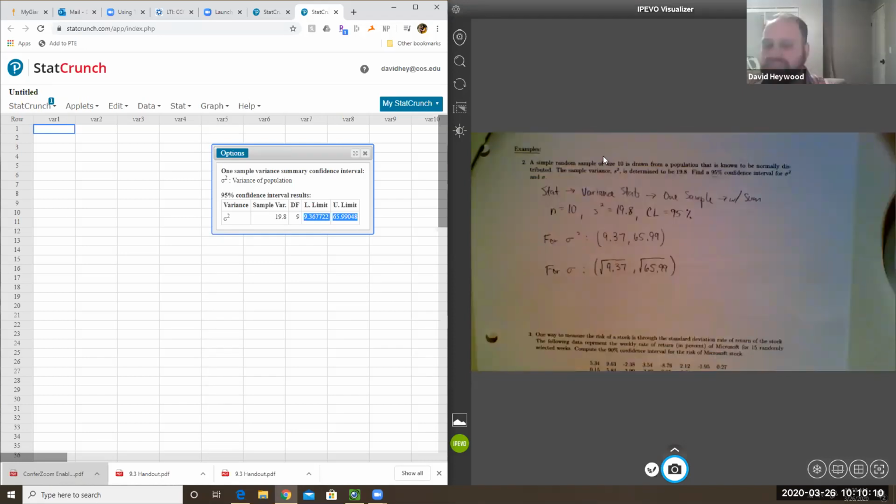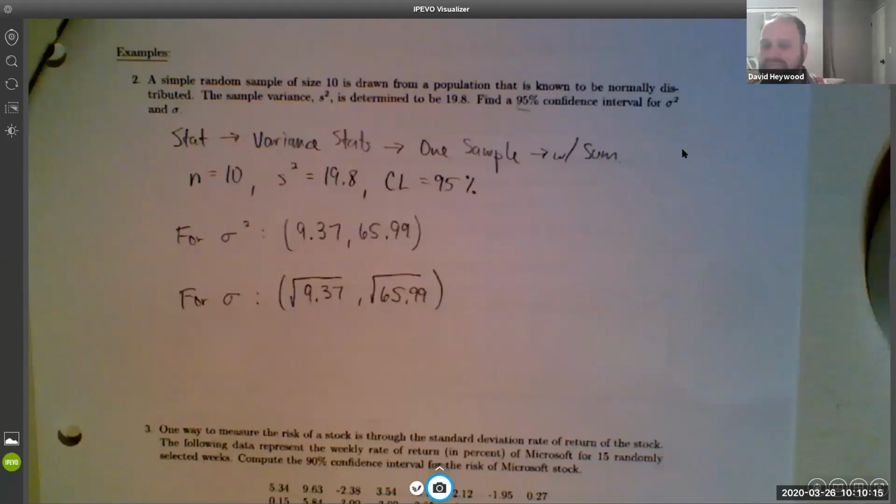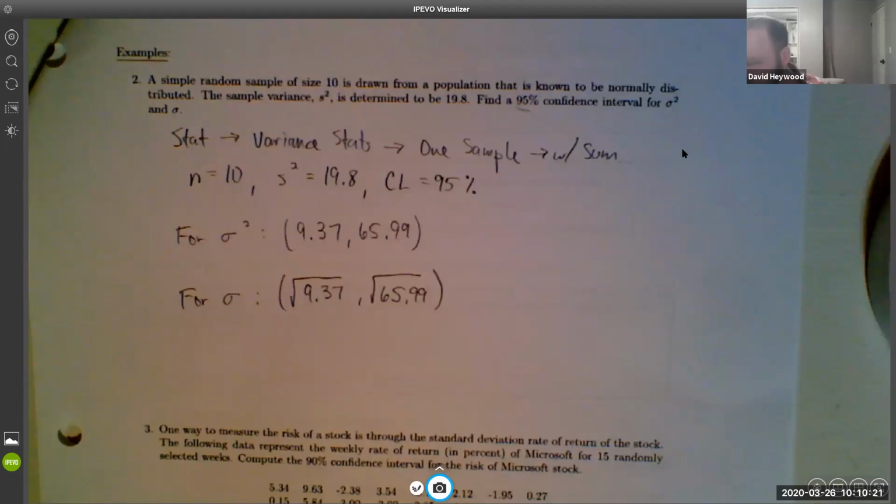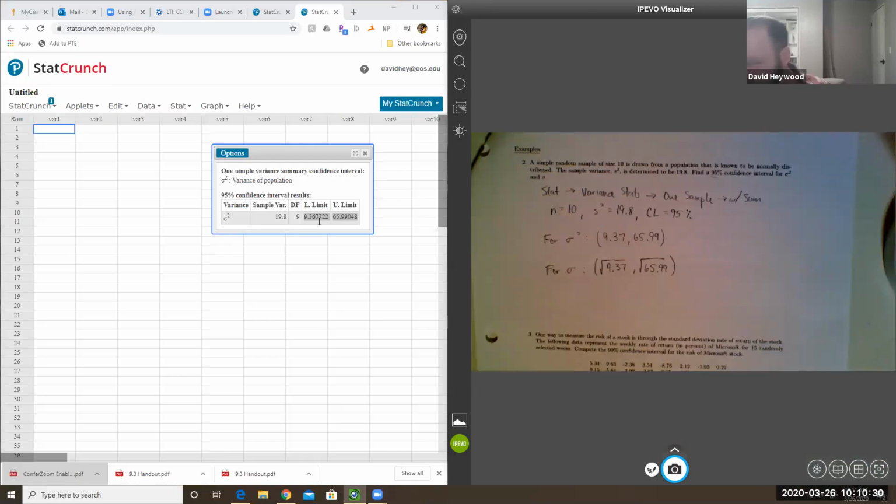Let me make this full screen again. Okay, and let's see about how much that is. Actually, let me do this. A better thing to do here would be to use the full numbers from StatCrunch. If you plug in 9.37, you've already done some rounding, and you're going to get some rounding errors.